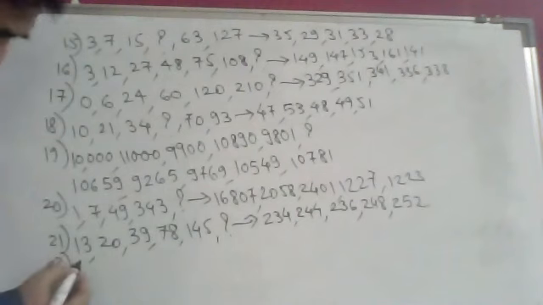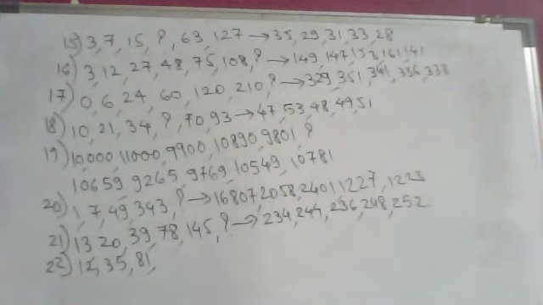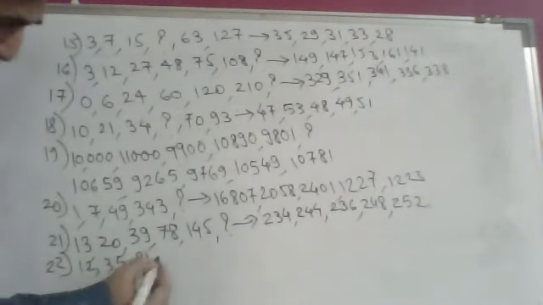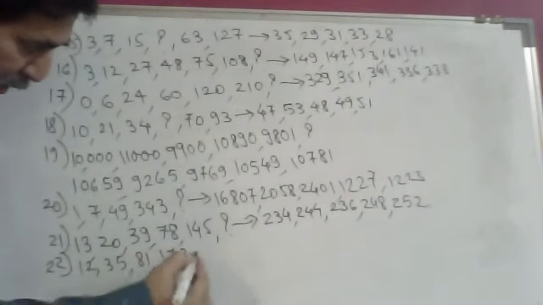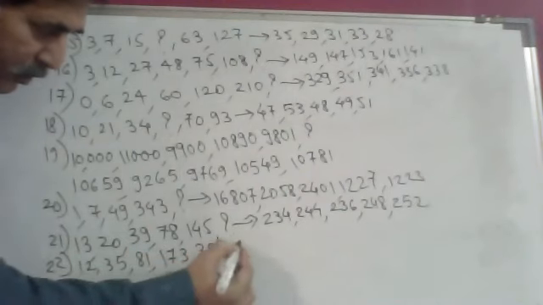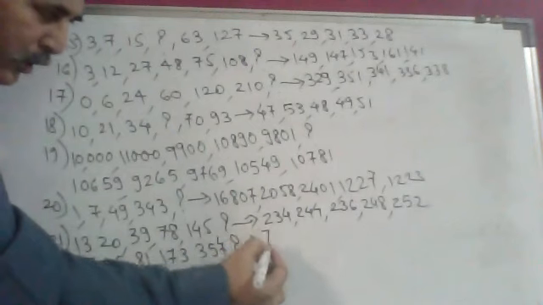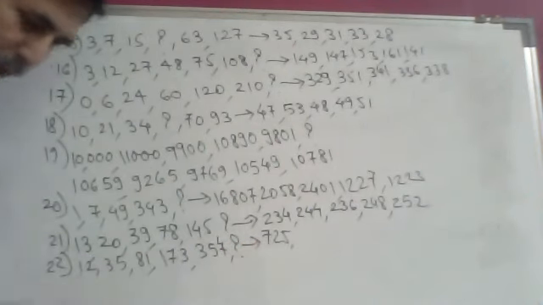12, 35, 81, 173, 357, and then question mark. We have to find out the number at the place of question mark from the given options.